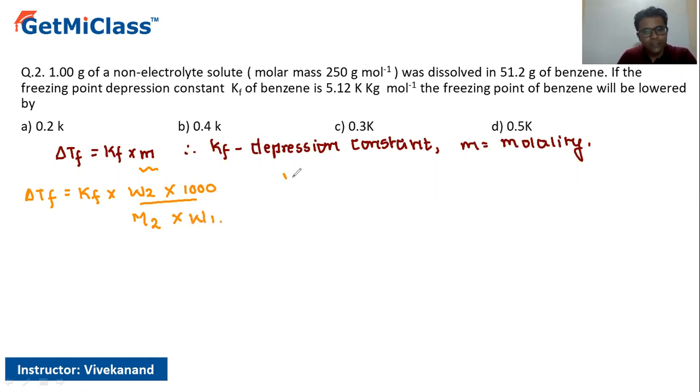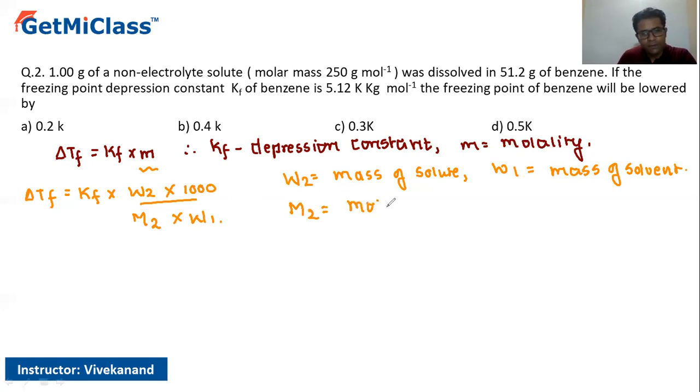So let's write down the things. W2 is the mass of solute. W1 is the mass of solvent, and the solvent that we are taking over here is benzene. Now M2 is going to be the molar mass of solute.